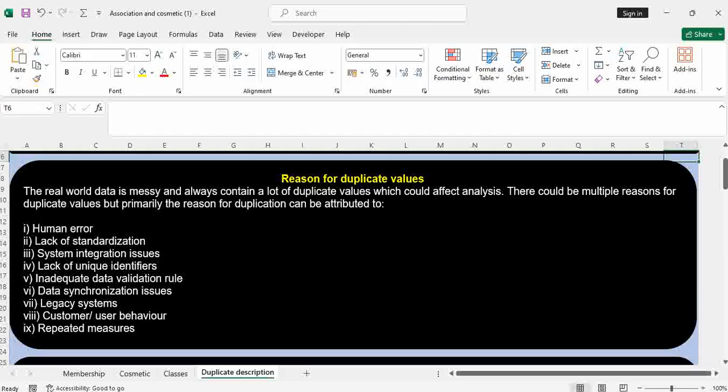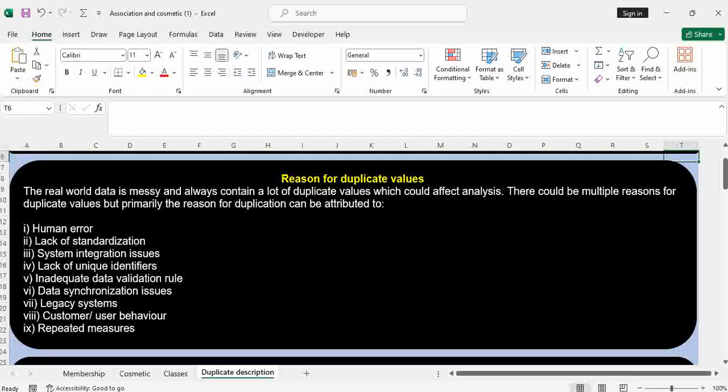We have lack of standardization. For example, capturing my date of birth in different standards at different levels can lead to duplication. System integration issues. I'll be taking a lot of examples from banks.